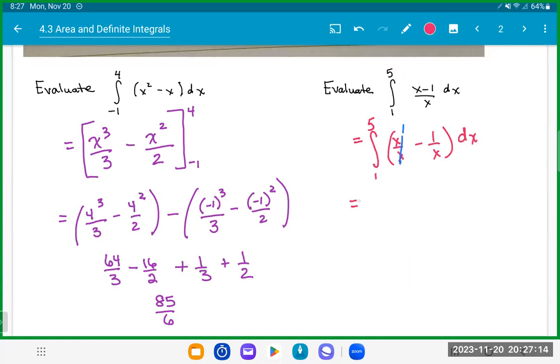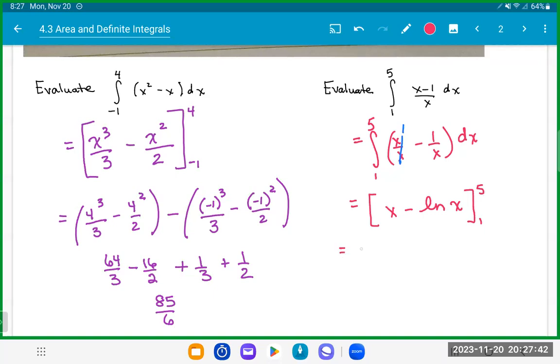So when I break this out, my antiderivative is going to be x minus the ln of x. Because I'm going from 1 to 5, I don't have to put the absolute value sign on that ln of x, because I know my a all the way through my b is greater than 0. Okay.